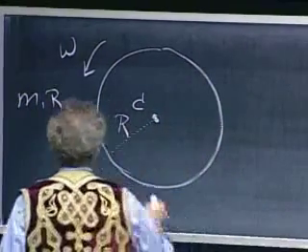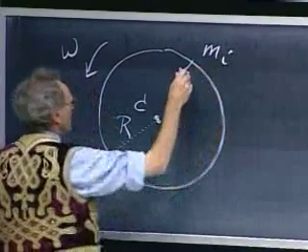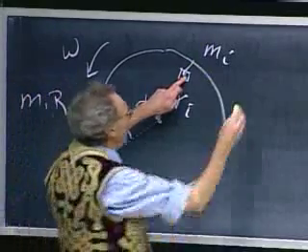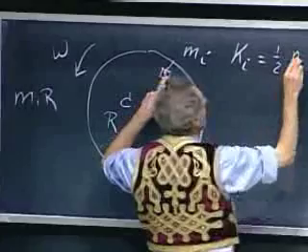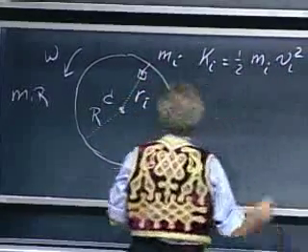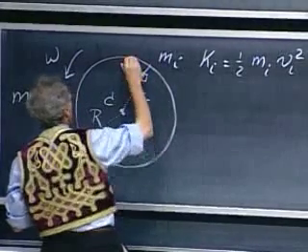I take a little mass element here, m of i, with radius r of i, and the kinetic energy of that element alone equals 1/2 m of i times v of i squared, where v of i is this velocity, and this angle is 90 degrees.